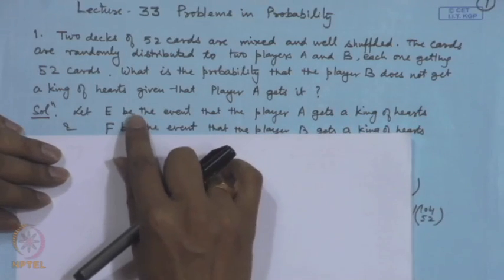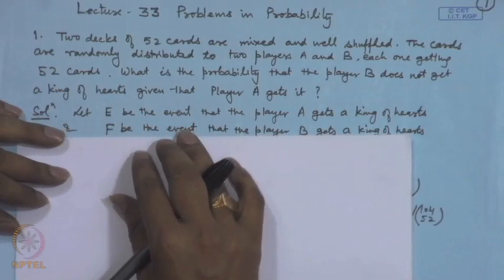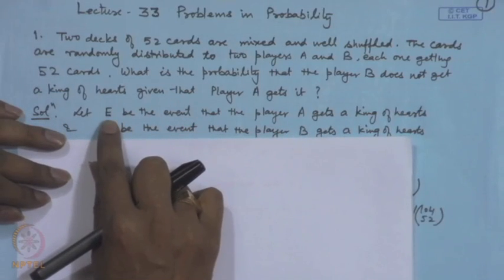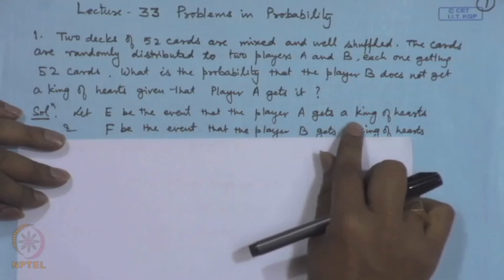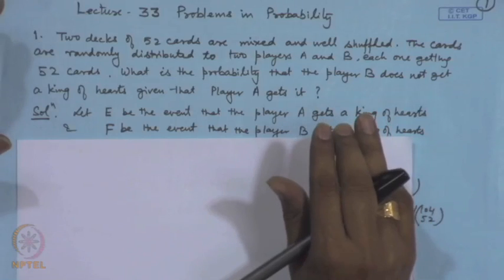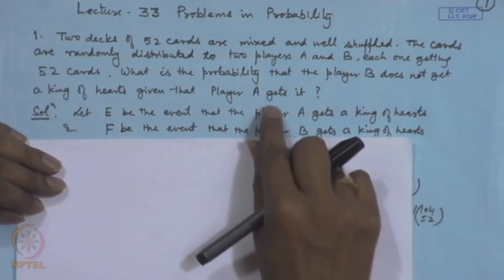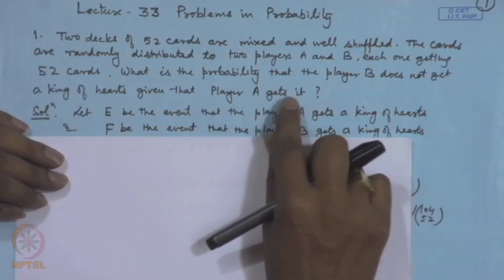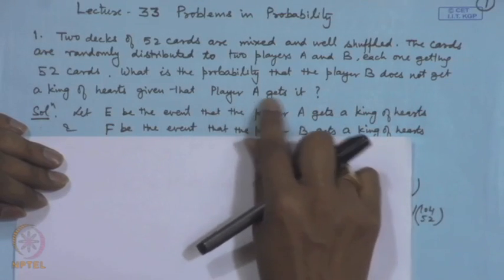In order to apply the theoretical framework of our axiomatic definition, we define the events in terms of sets. So, let E be the event that player A gets a king of hearts. Now, when two decks of cards are mixed up, there will be two kings of hearts. So, we have to find the conditional probability that B does not get it given that A gets it.